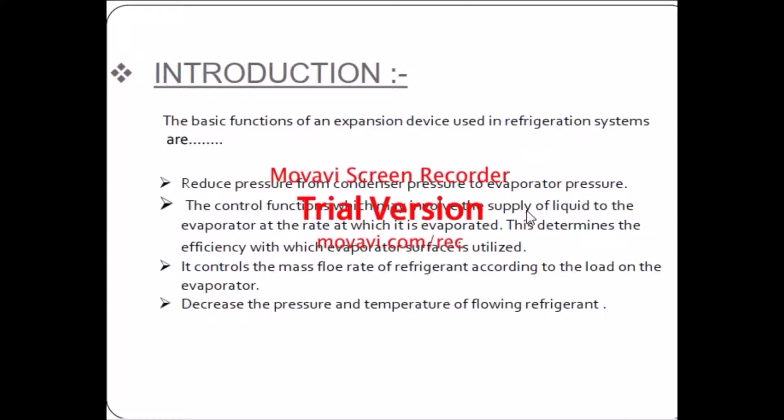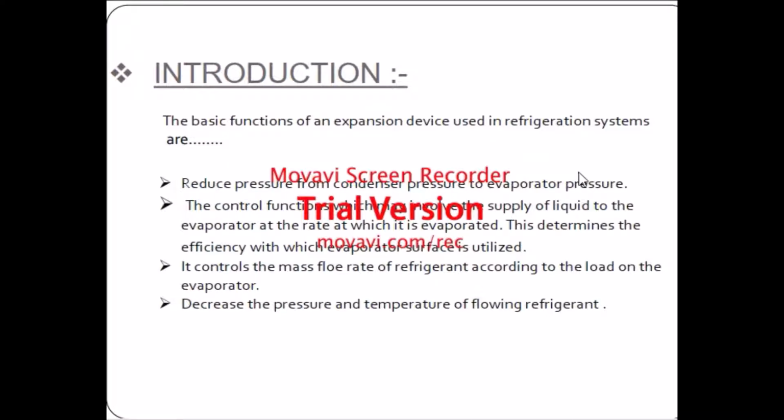Okay, we go to the first topic, the introduction of the expansion valve or expansion device in HVAC. The basic function of the expansion device used in a refrigeration system is to reduce pressure from condenser pressure to evaporator pressure.